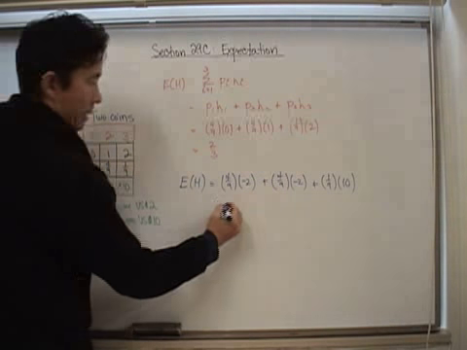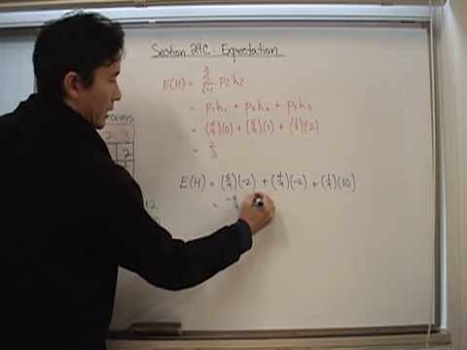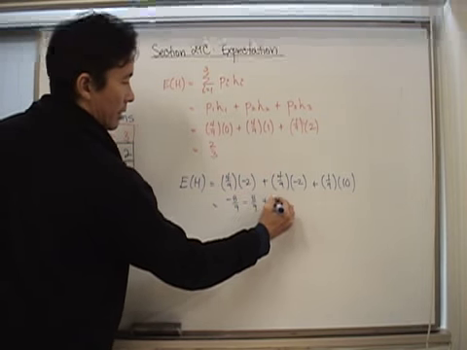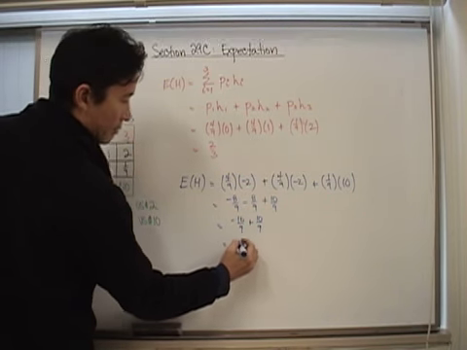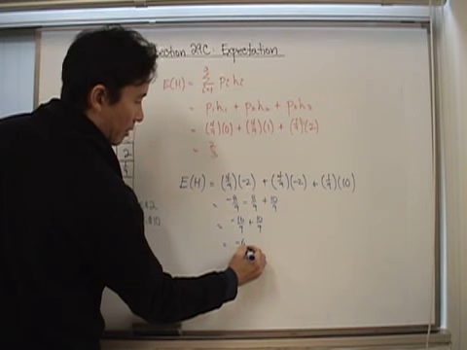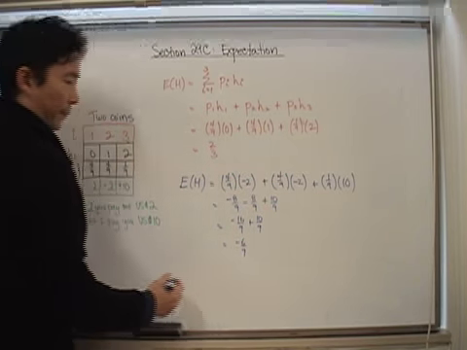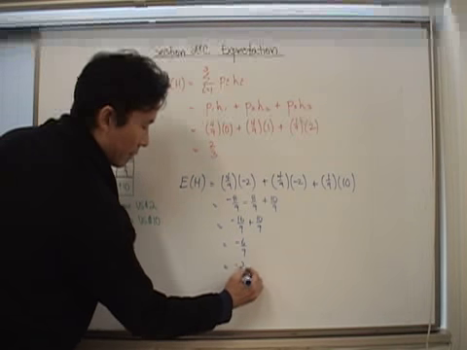So let's figure this out. This is minus 8/9 minus 8/9 plus 10/9. So what you come out with is negative 16/9 plus 10/9. So this is going to be equal to minus 6/9, which of course is minus 2/3. So we come out with a minus 2/3 here.